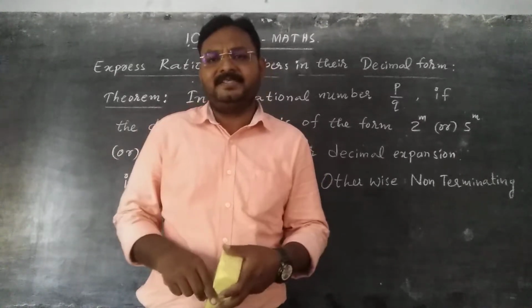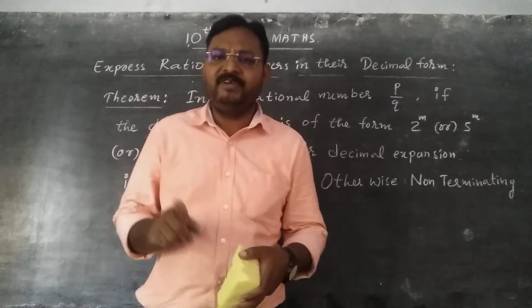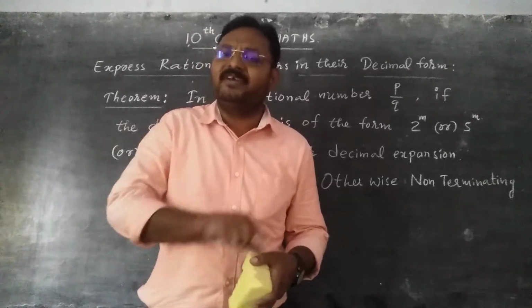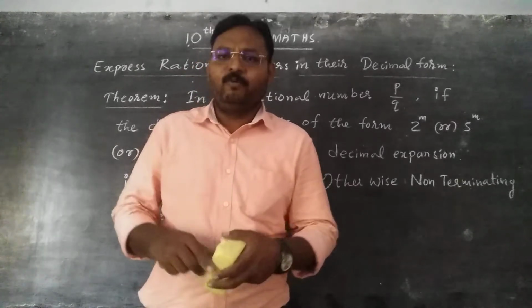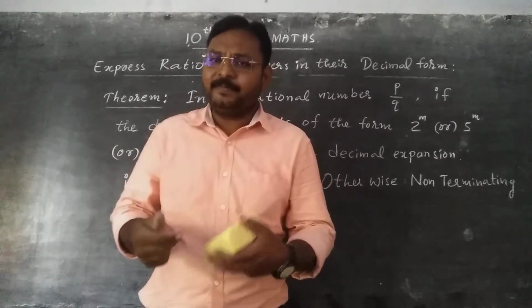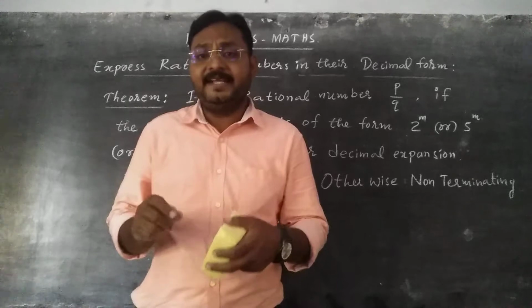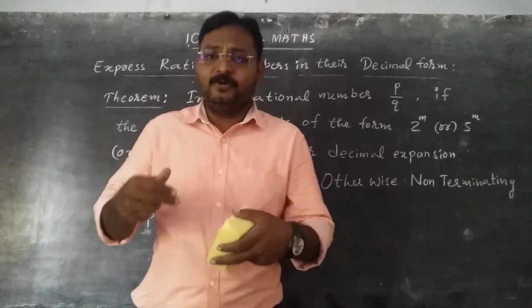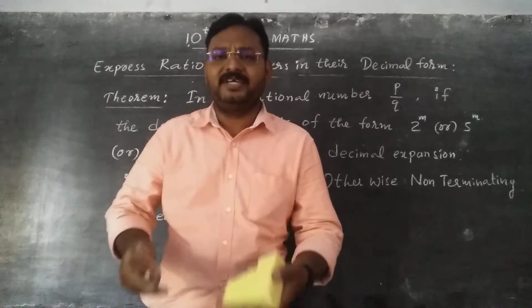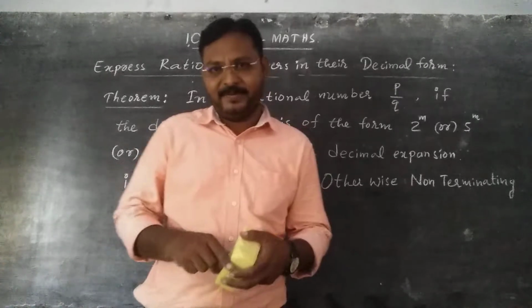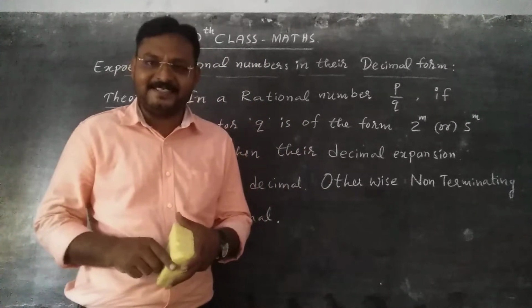A decimal which does not go on forever is called a terminating decimal. What is meant by non-terminating repeating decimal? A decimal which goes on forever is called a non-terminating repeating decimal.